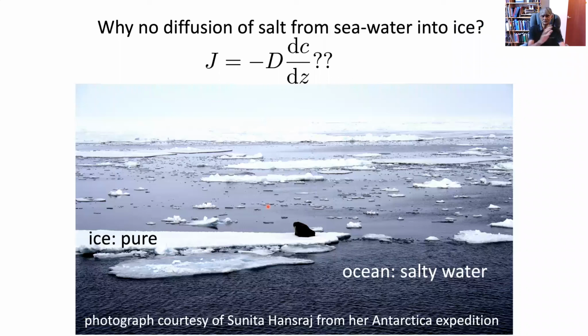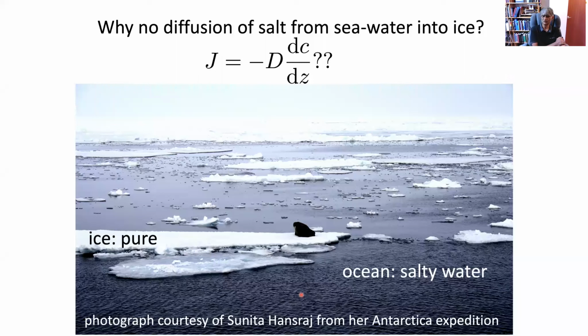Now, we know since those days that Fick's law is not correct in the following respect. If you observe ice floating in seawater, then the ice is pretty pure, whereas the ocean contains a larger concentration of salt.